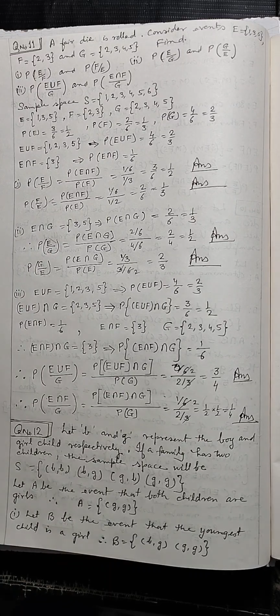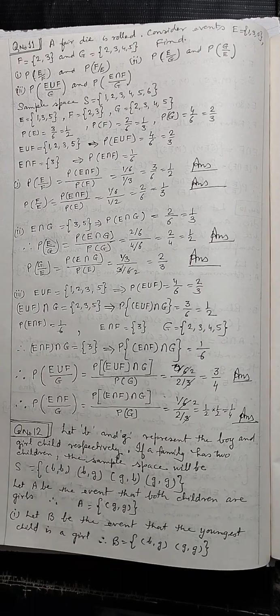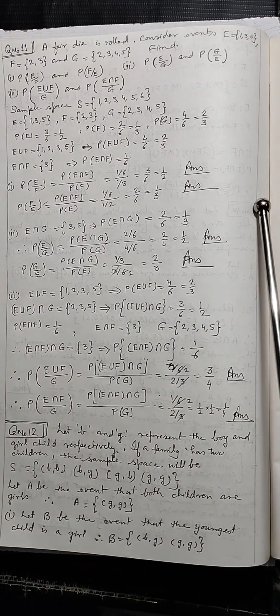Third, probability of E intersection F whole upon probability of G, and probability of E intersection F upon G. So let us proceed.